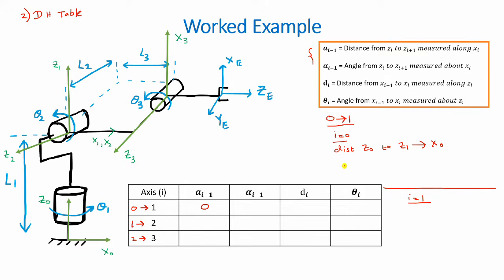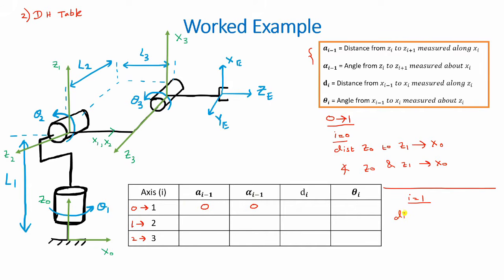For alpha_(i-1), it would be the angle between z0 and z1 about x0. As both z0 and z1 are pointing in the same direction, the angle would be 0, because it would look at the angle that z0 has to rotate by to match up with z1.